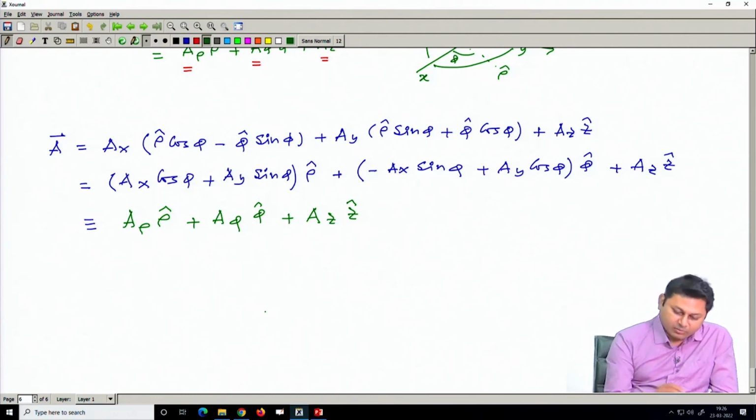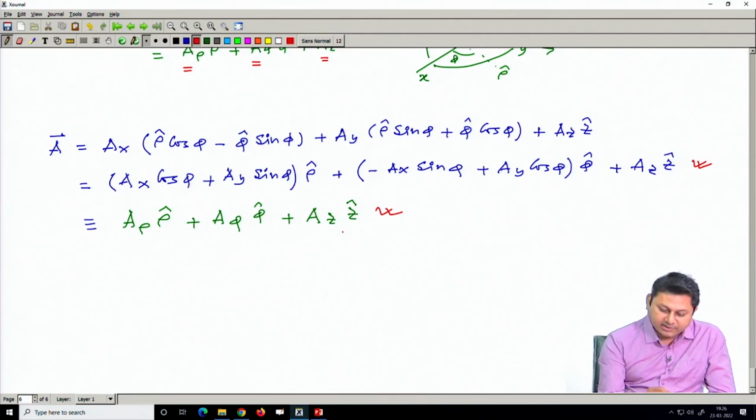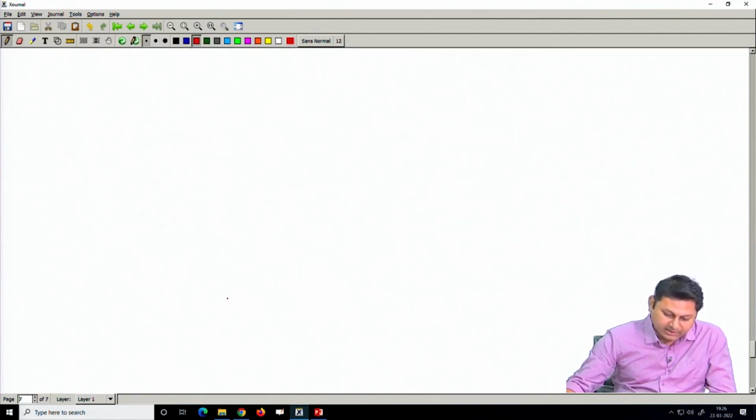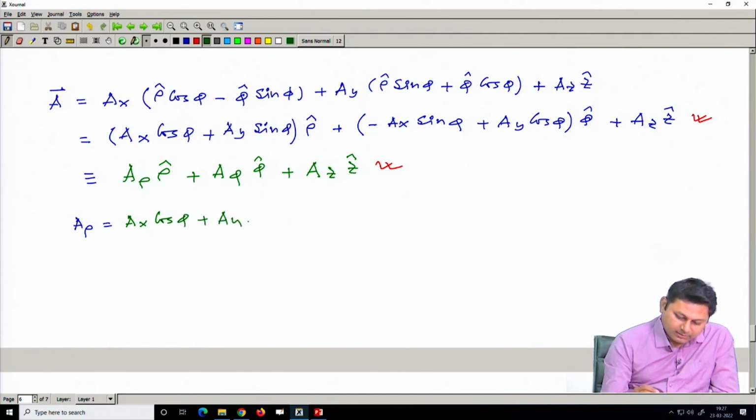So these two vectors, this one and this one, are the same and have the same unit vectors. Obviously component-wise we have the same values. So I can now write a relationship between the components, and that is this. From here, A rho is equal to A x cos phi plus A y sin phi.